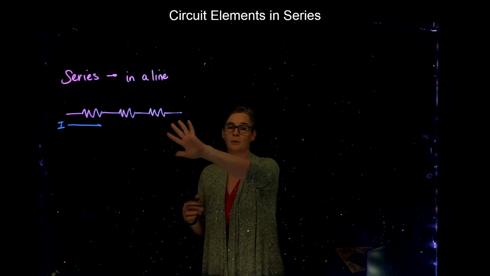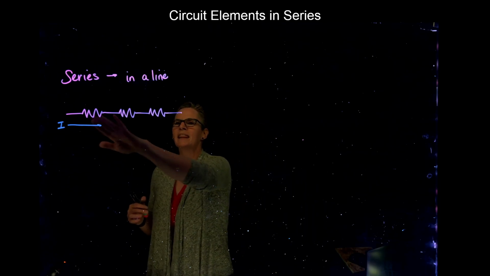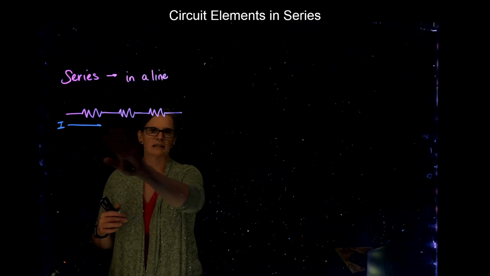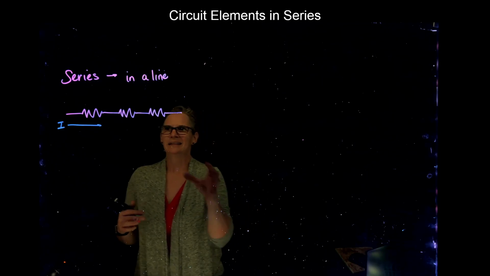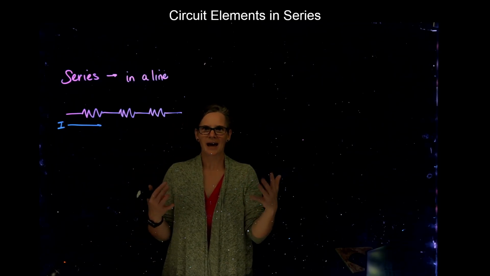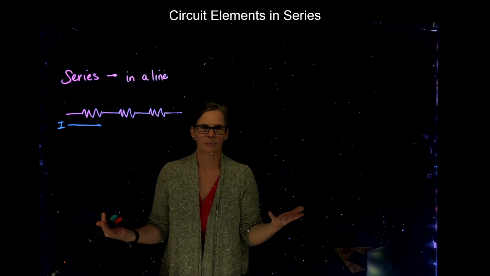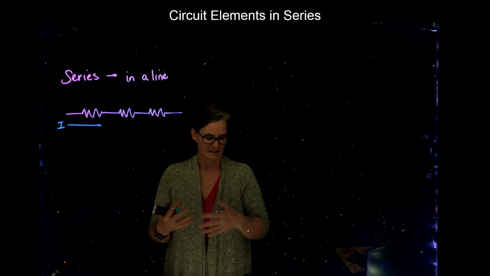Now we're going to talk about what happens when I put resistors specifically in series. Nothing is influencing the current as it goes through these three resistors. It's as if I had one resistor that represented all three of these together, and I would have the same effect happening in the circuit. That's the idea of an equivalent resistance.